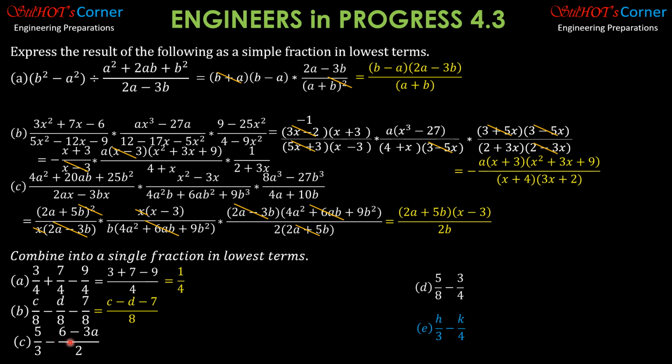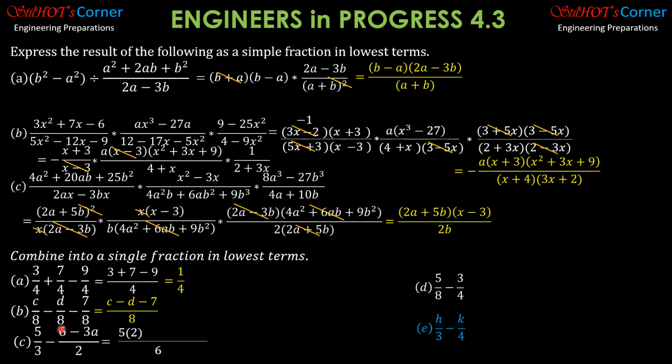For this part C here, the LCD between 3 and 2 is 6. So let's put it over 6 first. 6 divided by 3 is 2. So the first term is 5 times 2. Then 6 divided by 2 is 3.